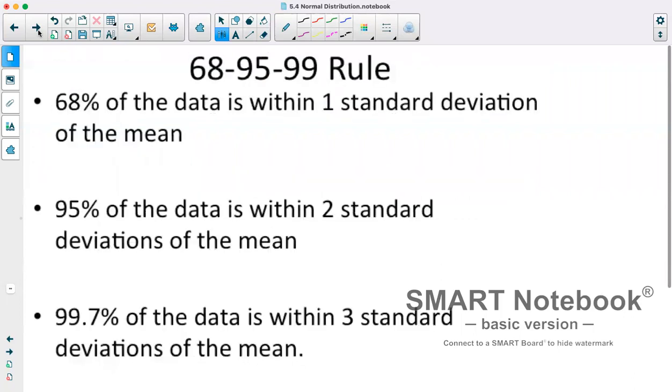Now this brings us to what's known as the 68, 95, 99 rule.